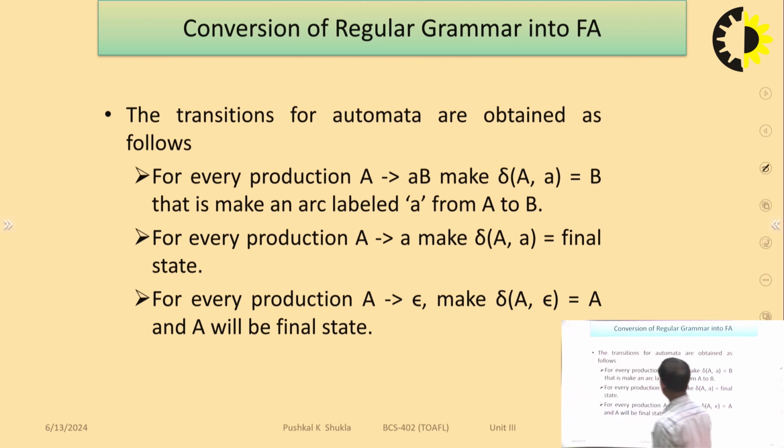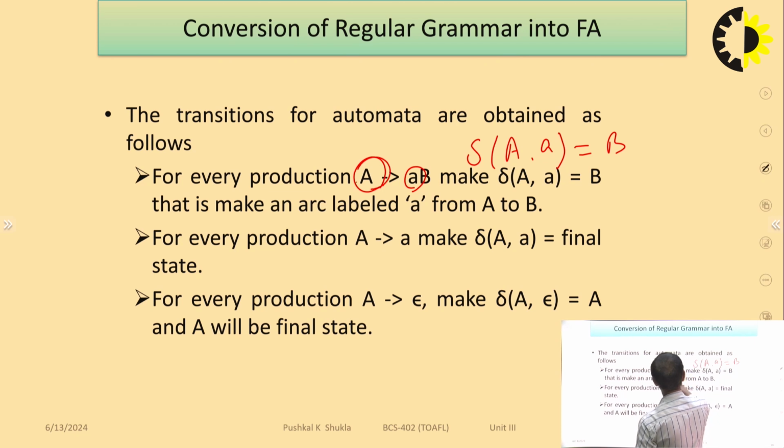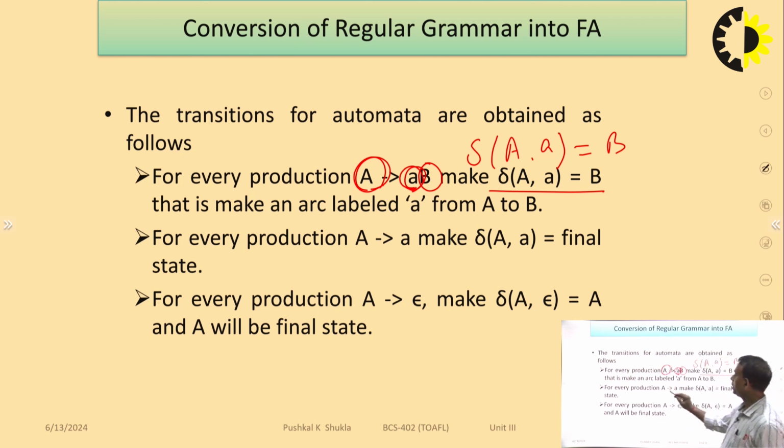If there is a production A to aB, we make the transition function delta of A, a equal to B: from state A, on input a, it shifts to state B. For every production A to a, make delta of A, a equal to the final state.